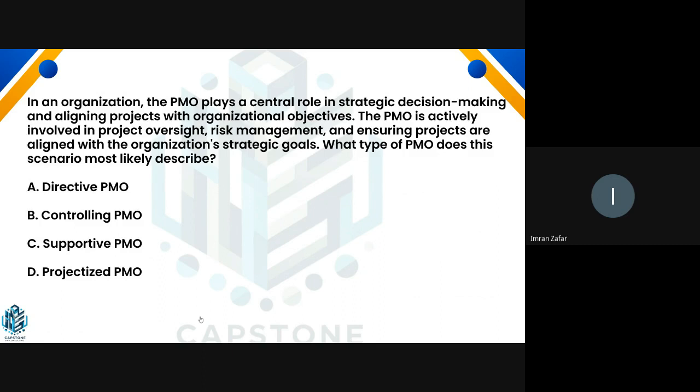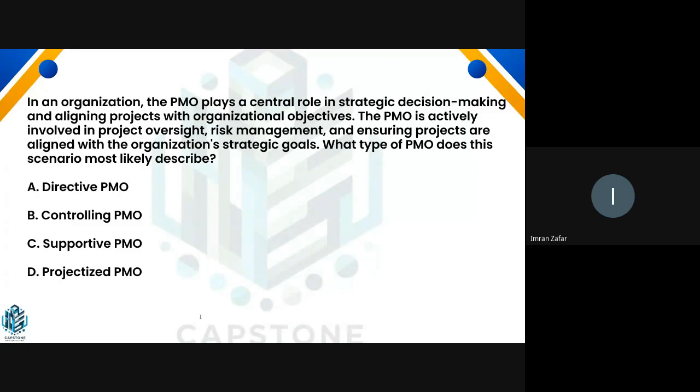Okay, so basically we had three types of PMOs that we discussed: directive, controlling, and supportive. These are the only three PMO types, and the right answer for this is A, directive PMO, because a directive PMO generally takes a centralized role in project management, and is actively involved in strategic decision making.